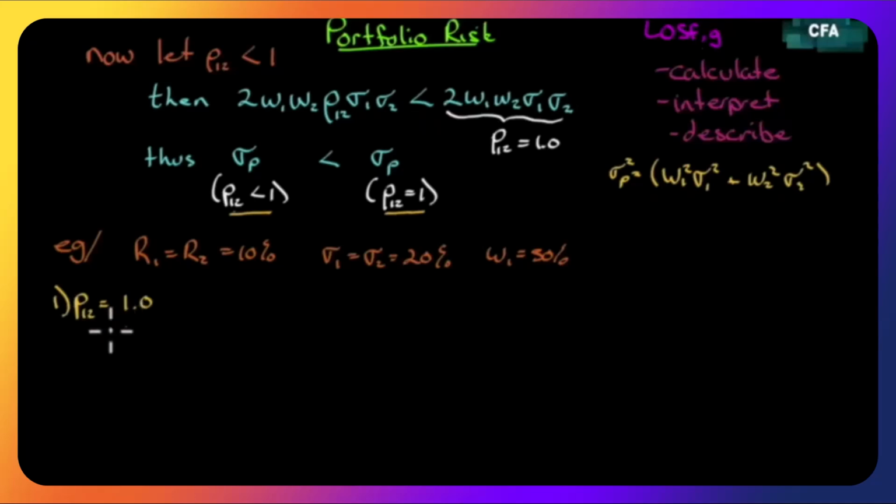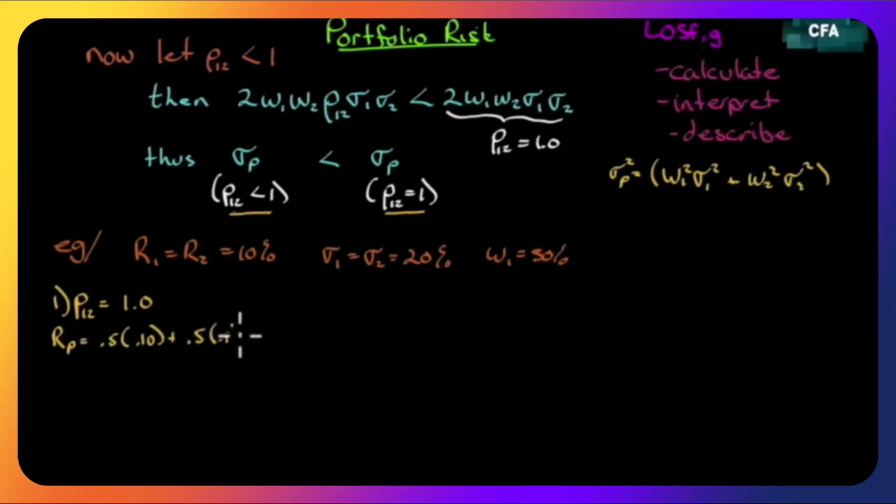Well, we'll start off with our correlation as 1, and we'll calculate the return on the portfolio, and we know it's just a weighted average of the two returns. And this is our scenario here. We have two assets. Both of them will return 10%. Both of them have standard deviation of 20%, and we have a weighting of 50% on W1, which means 1 minus W1 must also be 50%. 0.5 times, what's our return? 10, plus 0.5 is our weight, 10.